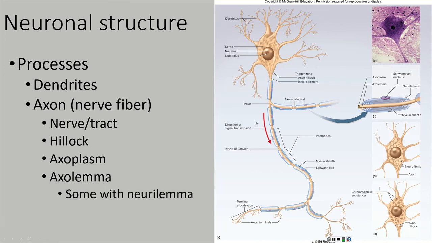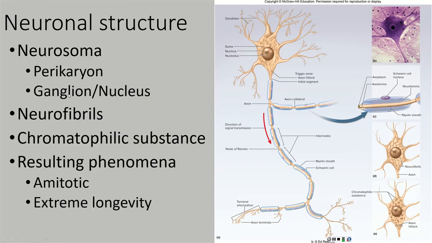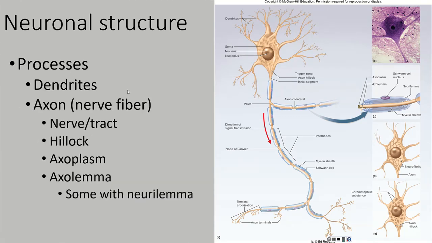So now back to axons. Sometimes we saw over here that we have ganglia and nuclei, clusters of cell bodies. Well, when we have clusters of cell bodies, we're also going to have clusters of these axons. The axons are all going to be running the same direction. So let's go back.